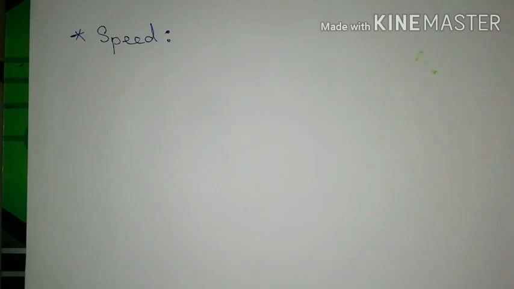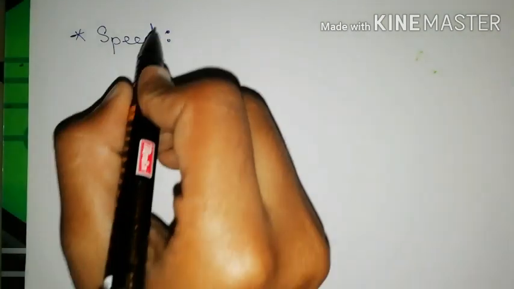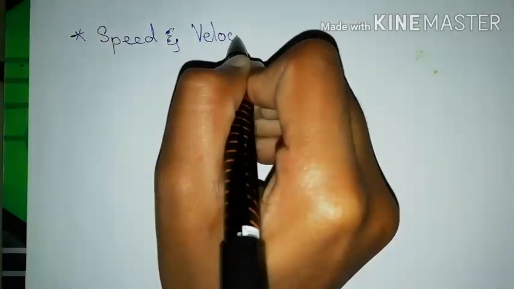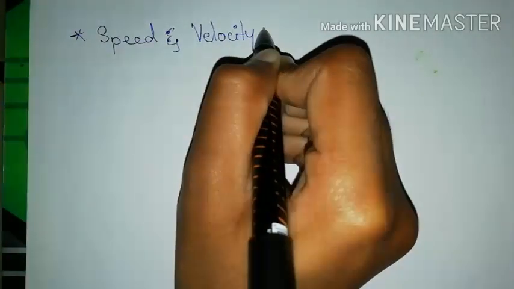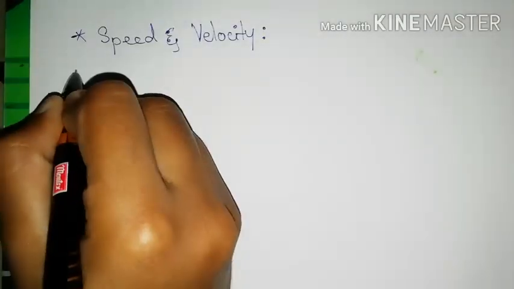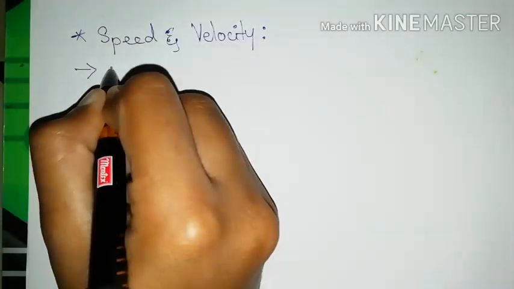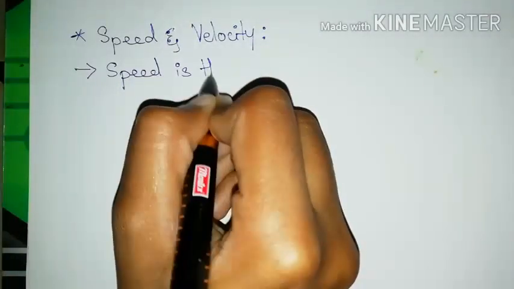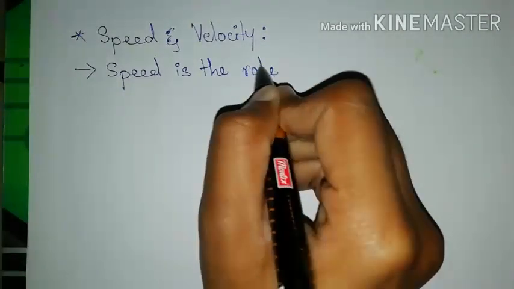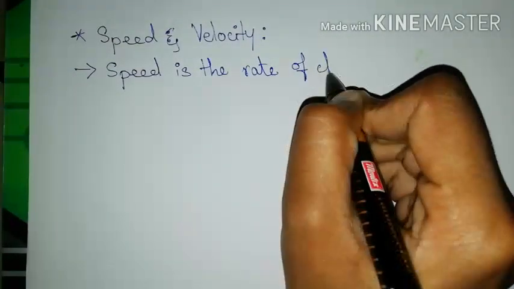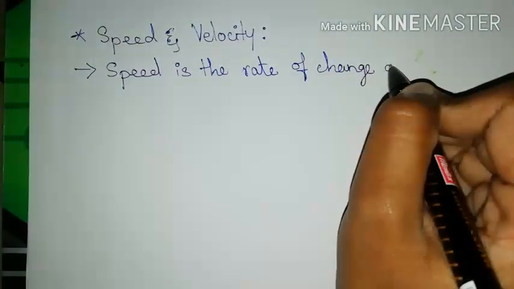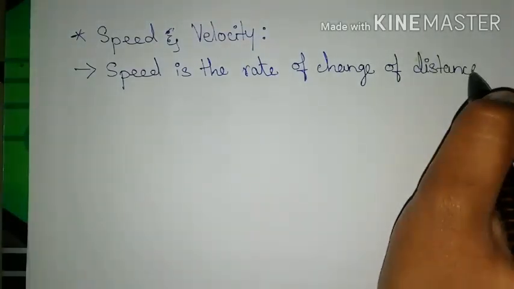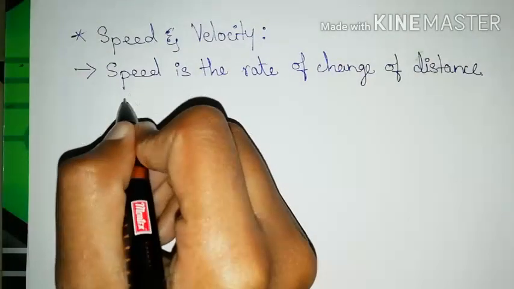So the next concept is speed and something known as velocity. First, let us discuss speed. Speed is the rate of change of distance. Whenever we talk about distance, we talk about speed.